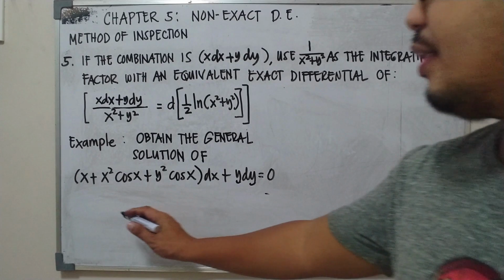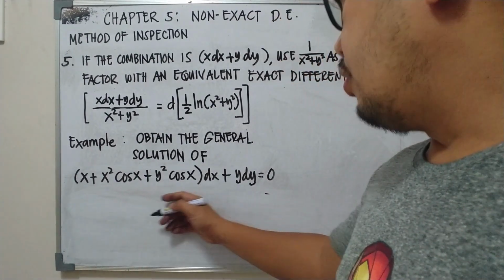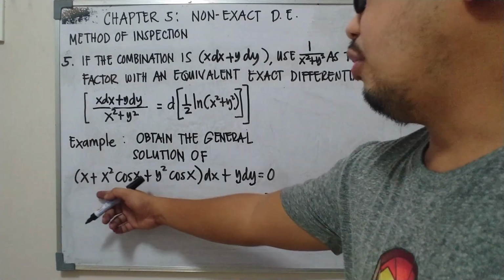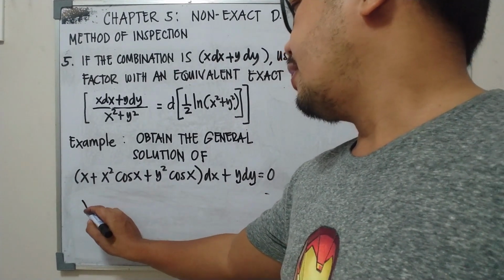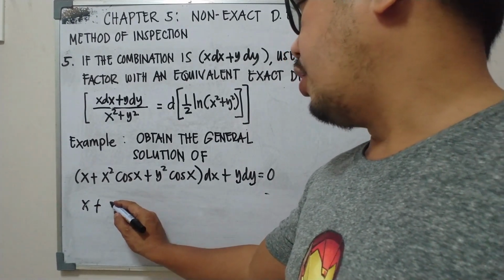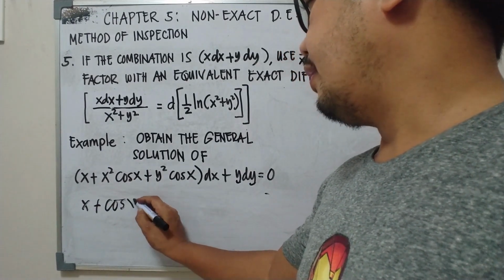So, let us arrange first, or factor out the cosine in our second and third terms inside the parentheses. So, x plus. The common term here is cosine of x. Right?